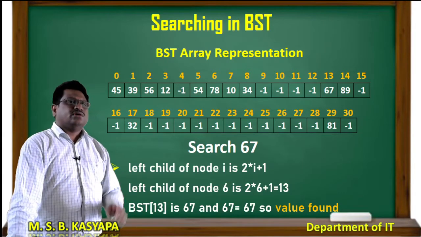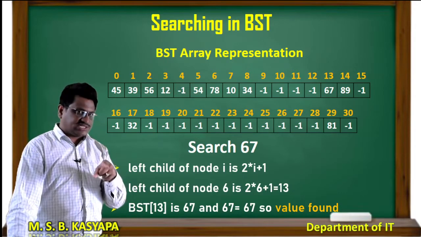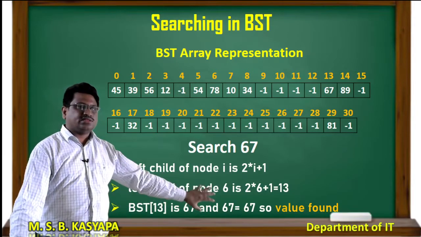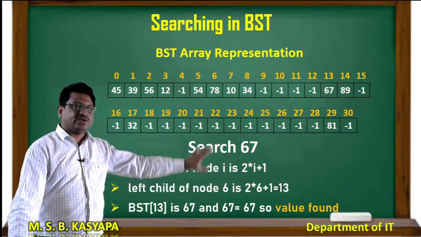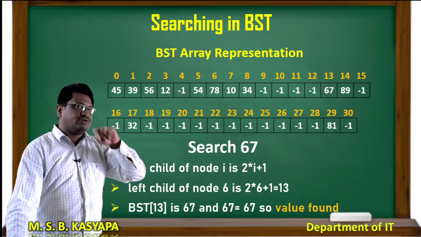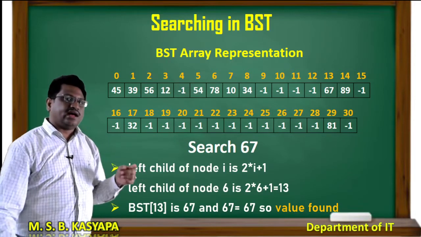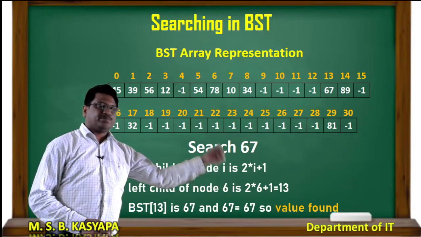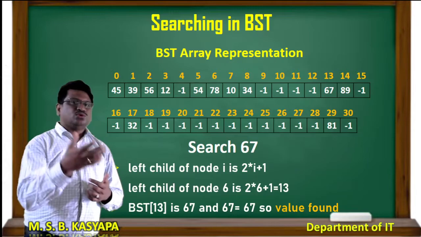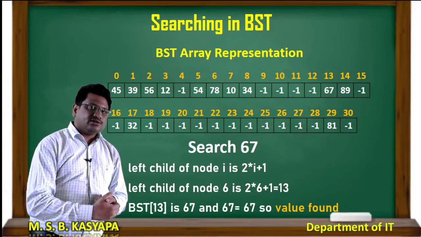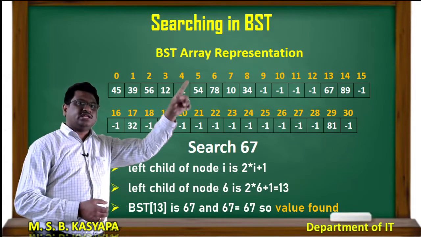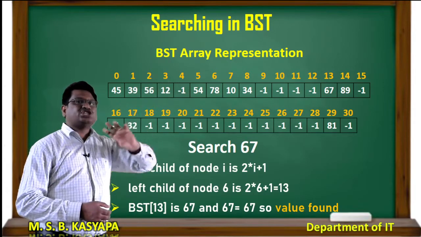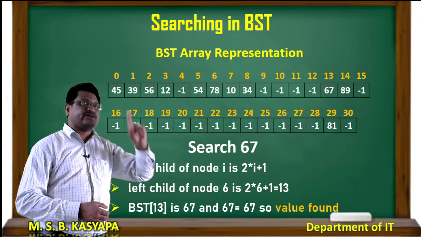Now suppose I want to search for 66. The value at the 13th index does not match 66. So I have to check the left subtree of this node at 13. 13 into 2 plus 1 gives 27, and 26 is the 2i position. If the 13th index value, 67, has a left child, it should be available at the 27th position.